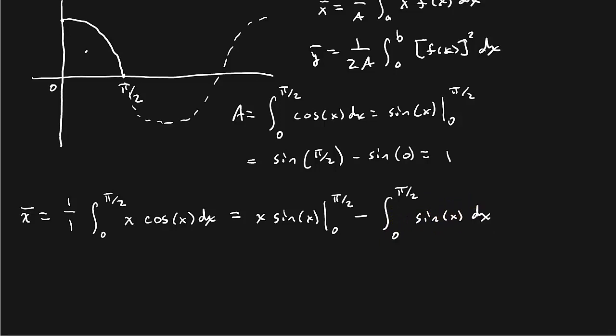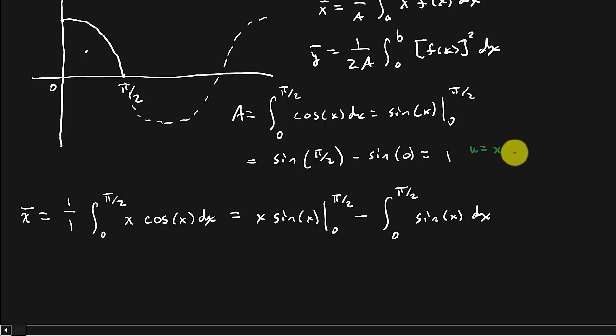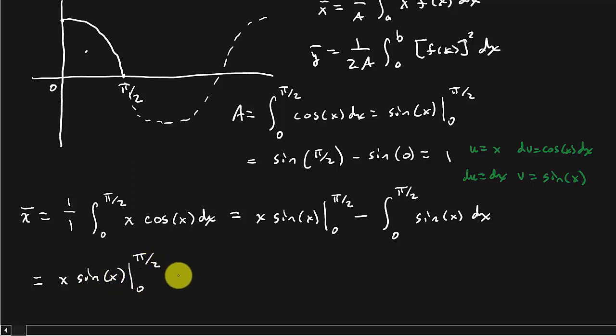So what did I do there? I did parts, and I guess I'm going to go ahead and write it down. Remember, u is equal to x, dv is cosine x dx, so du is dx, and v would be sine x. This is going to give me x sine x from 0 to pi over 2.